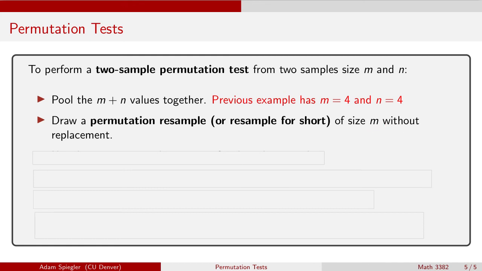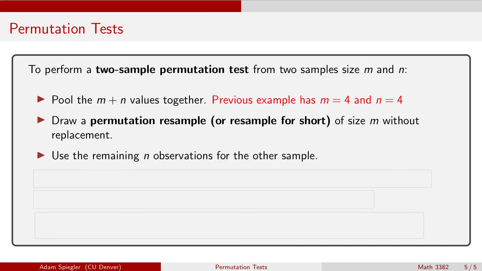So we're going to pick a person, they can't be picked again. So all of these people are going to be placed in either group 1 or in group 2. So after we pick the first M people to go into group 1, then we take all of the rest of the observations and they go into group 2. I'm calling these people, but these could be any type of observation.